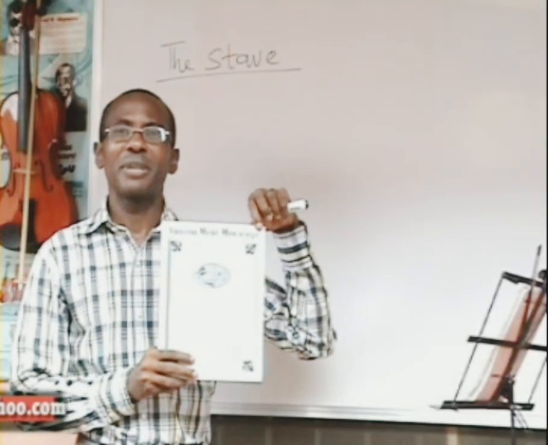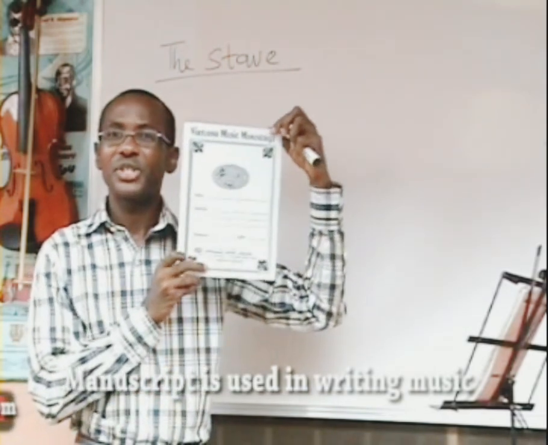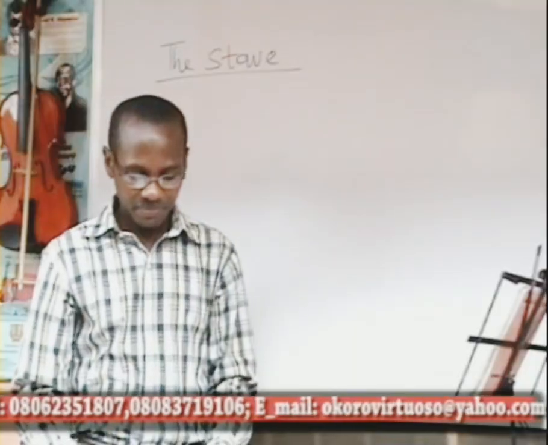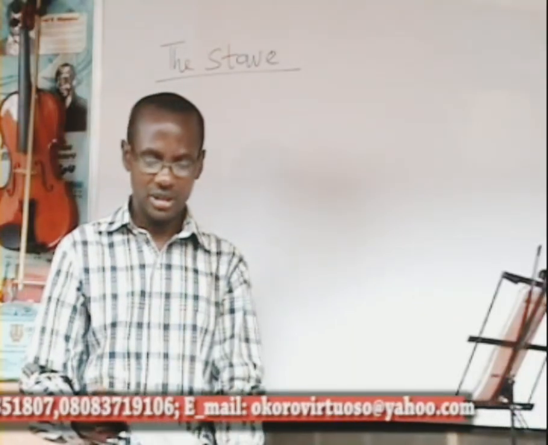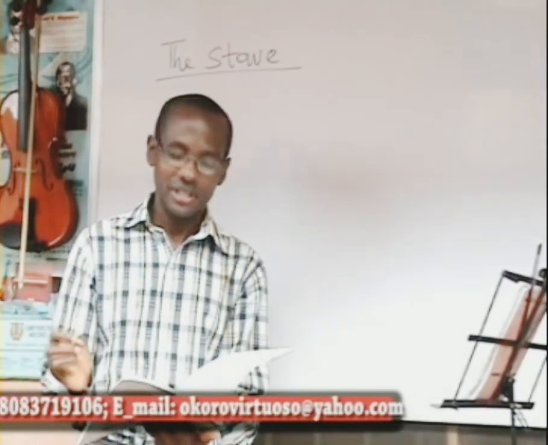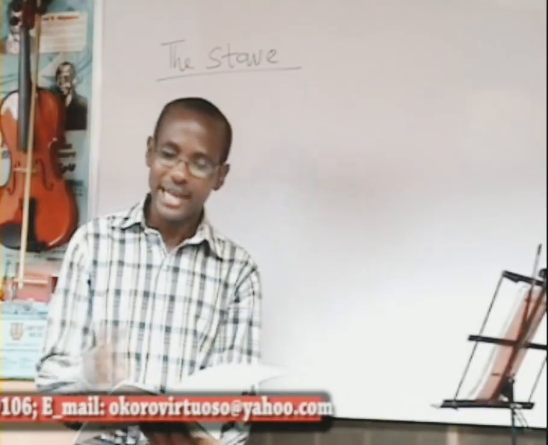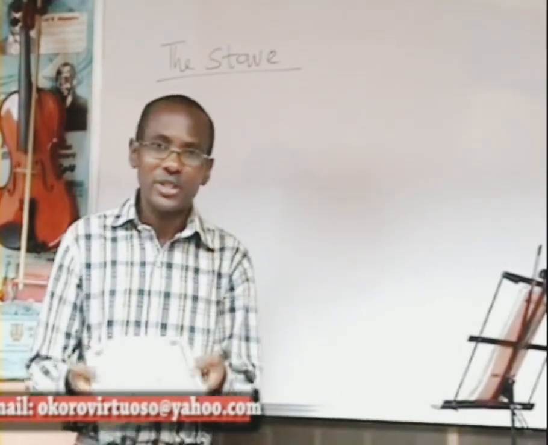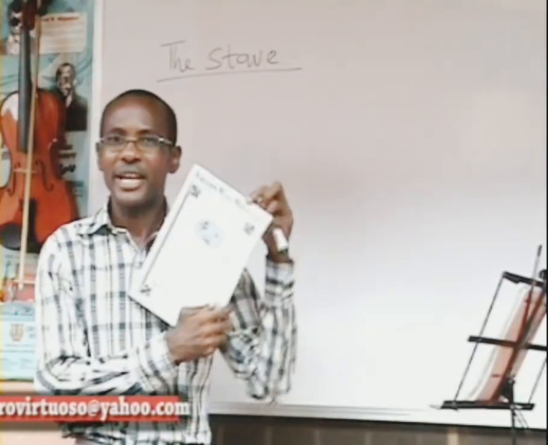This manuscript is a book that is used in writing music, because when a composer writes, he uses this manuscript to write. Unlike somebody writing English, he uses a normal exercise book with lines on them. But composers don't use an exercise book with only lines. They use manuscripts to write music.